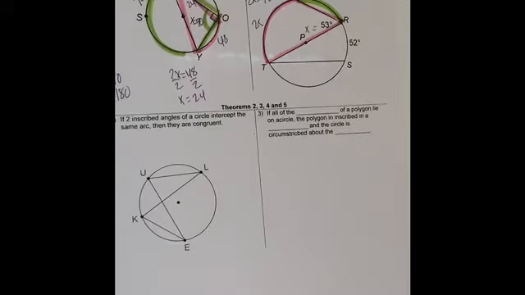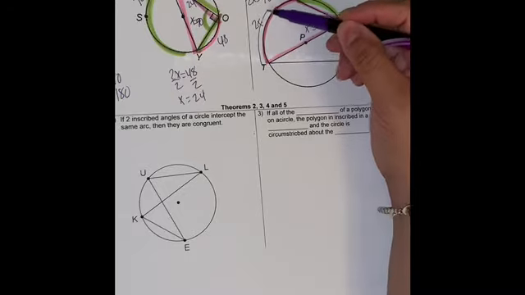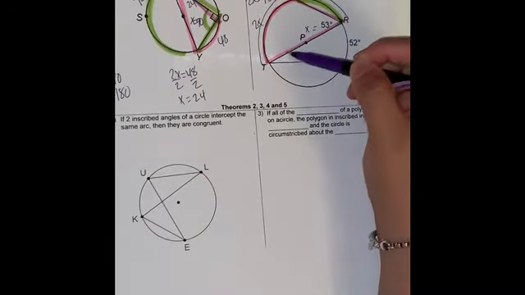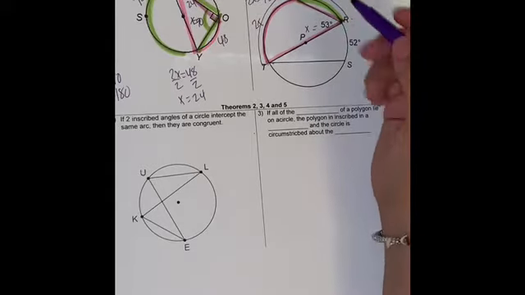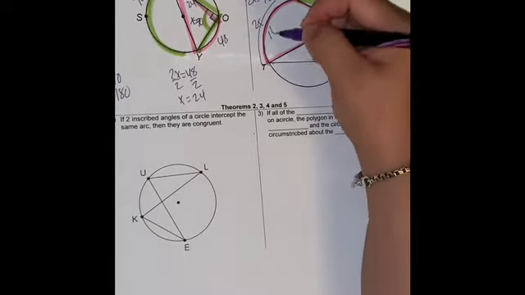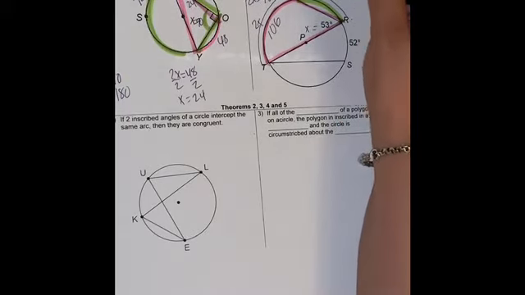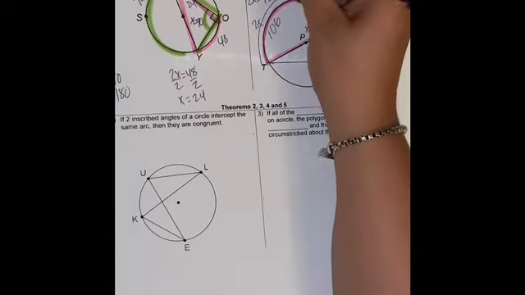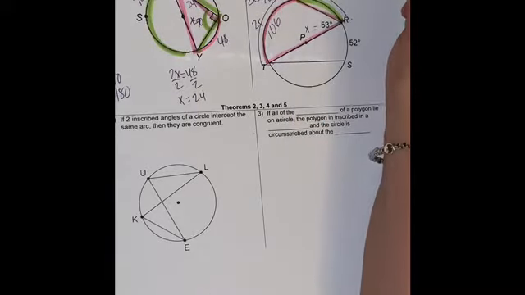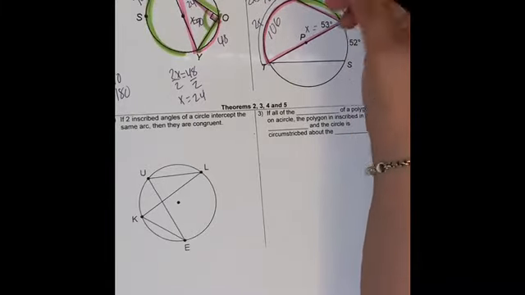So what makes this a little bit easier is that you actually have half a circle, which is going to be a semicircle, because this right here is a diameter. So if this whole thing is 180 and QT is 106, then that's going to be 180 minus 106, which is going to be 74 degrees for arc QR.